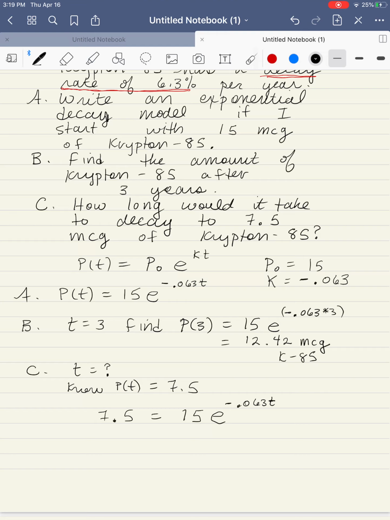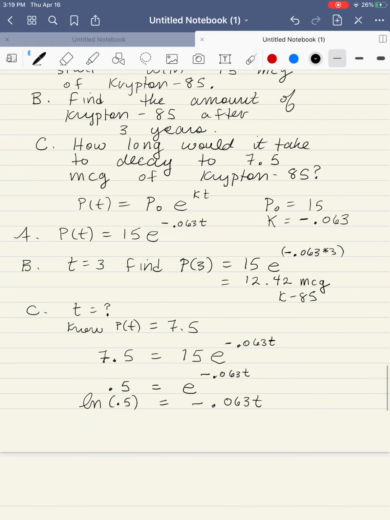And notice this is a decay model, so the ending amount is less than the beginning amount. So I'm going to divide both sides by 15. 7.5 divided by 15 is 0.5, equals e to the negative 0.063 t. I can take the natural logarithm of both sides.